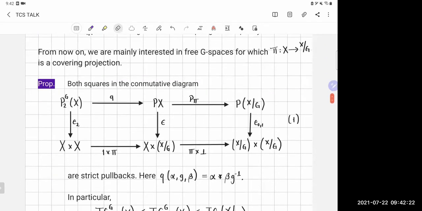Now we have this proposition telling us that if we consider this diagram, so these squares are commutative, and we have here strict pullbacks.